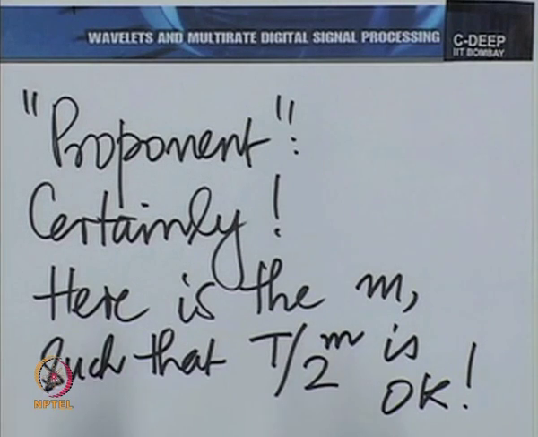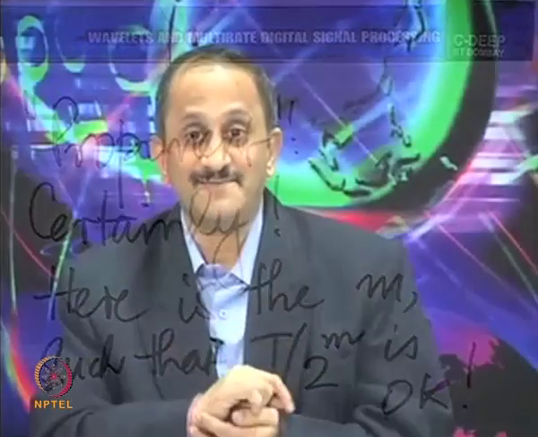The adversary or the opponent gives you a target. He says, I want the squared error to be less than this number E 0, and the proponent says, well, here you are. If you make that interval of size t by 2 raised to the power of m, lo and behold, your error is going to be less than or equal to E 0.